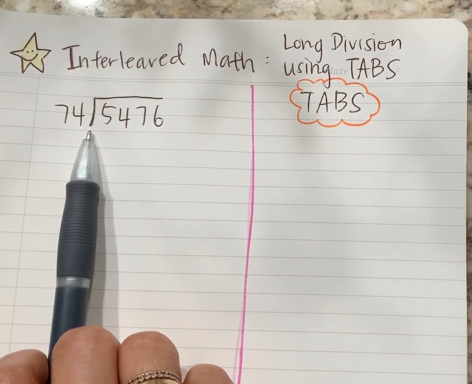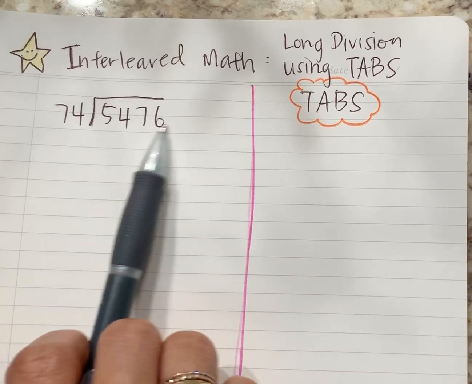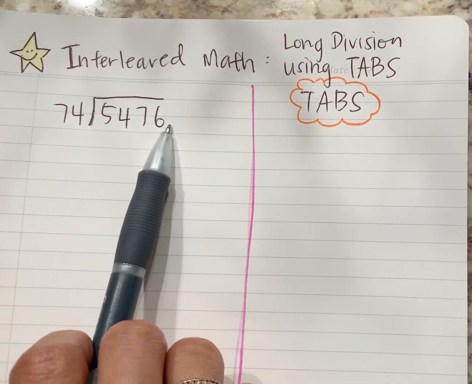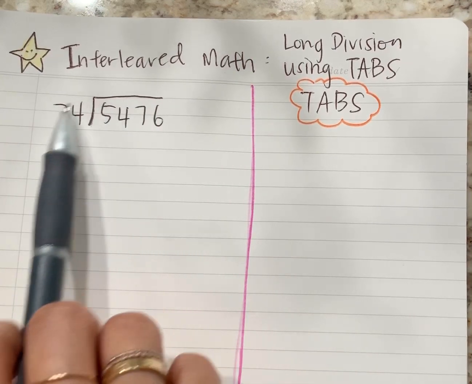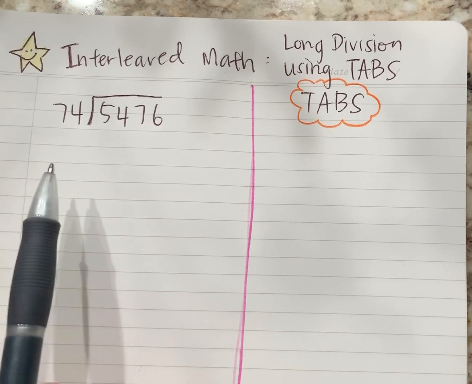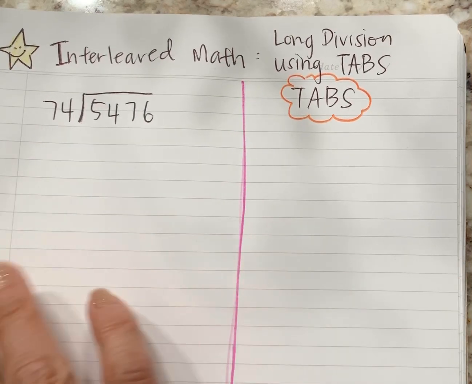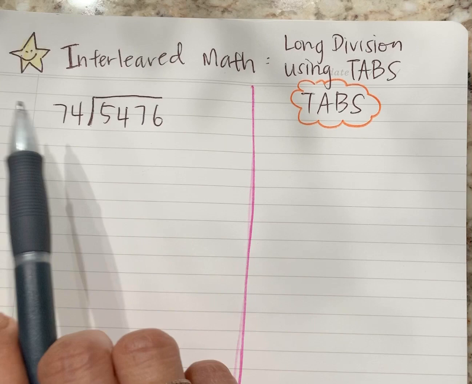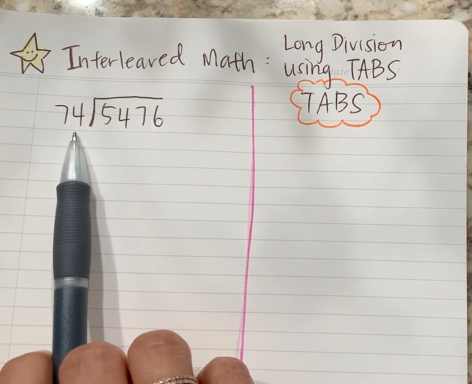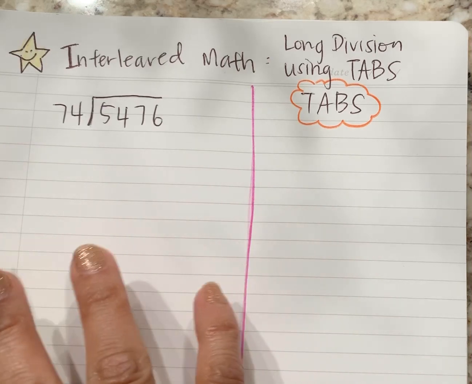With this method, we're not looking at this number 5,476 digit by digit, but we're looking at the number as a whole. So we will be doing repeated subtraction from this whole number. Now, the better and more comfortable you are with multiplication, even with larger numbers like 74, the easier it will be to use tabs.